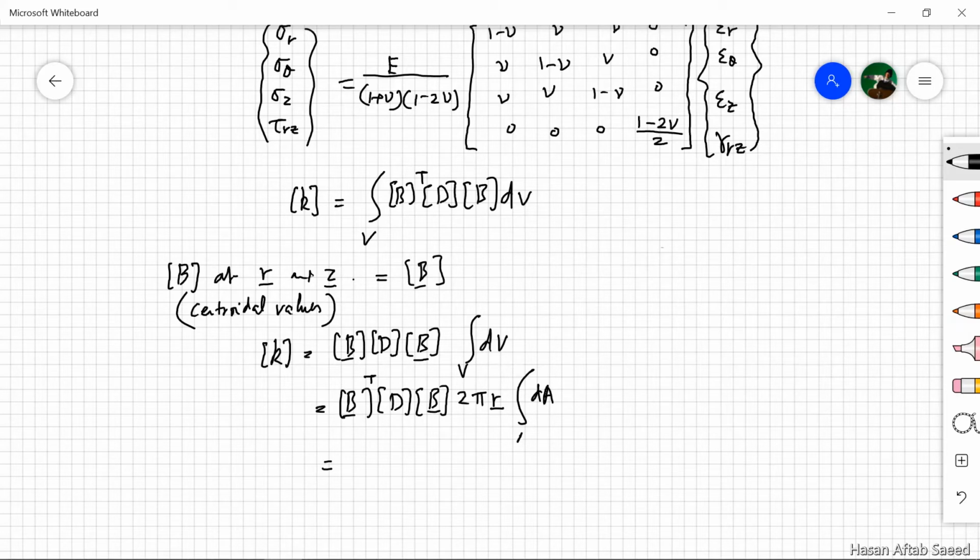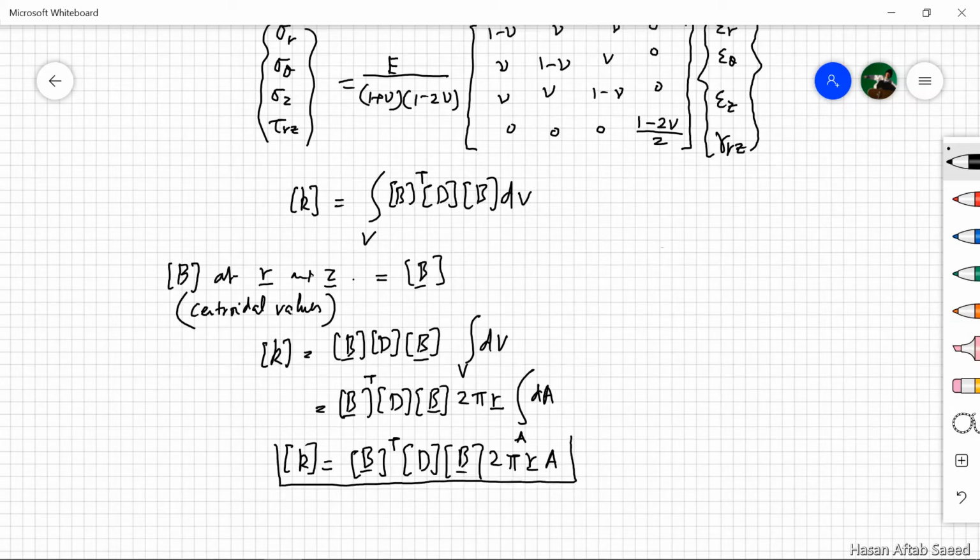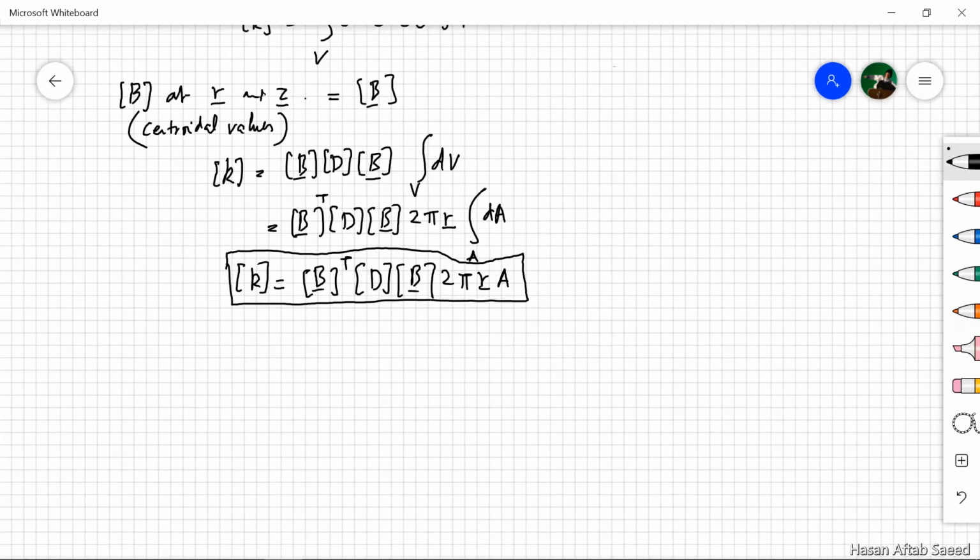If that is the case, this is an area integral, then this gives us the value for the stiffness matrix. If we have B matrix calculated, there's nothing difficult about it.